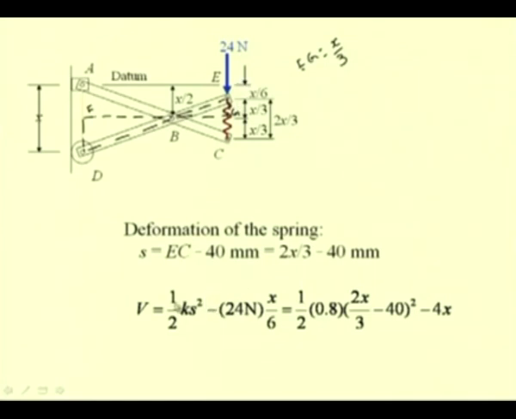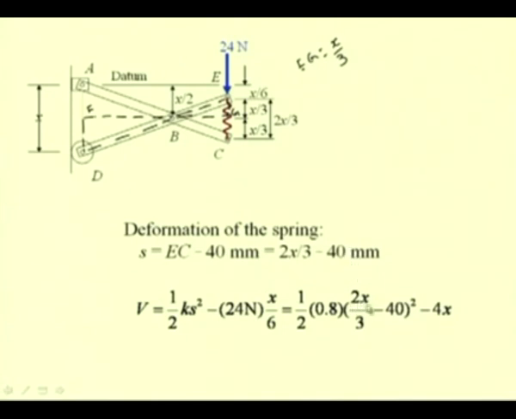So, we have this as half k s square, which is the potential energy of this spring, minus the potential energy of this conservative force 24 Newton force, which is 24 Newton times x by 6, which is equal to half. The spring constant is 0.8 times the stretch, which is determined as 2x by 3 minus 40.